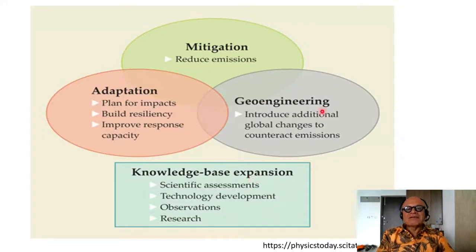What is now clear is that if we look at the emission trajectory we are on, basically business as usual despite the long negotiations for more than two decades, and the global warming targets we are looking at, like 2 degrees C with a 67% probability by 2100, or 1.5, which is much more ambitious, then it's obvious that some sort of geoengineering will be tried, will become essential.